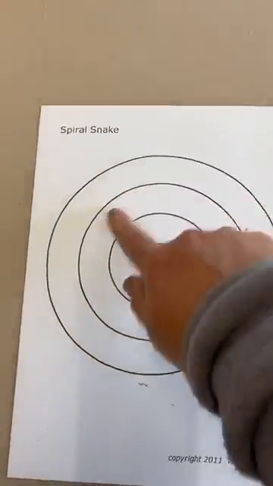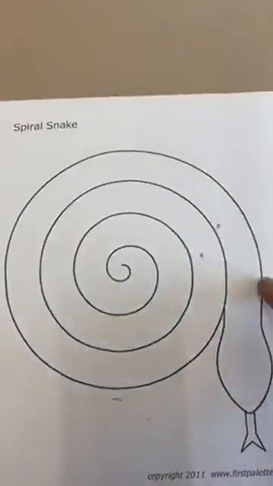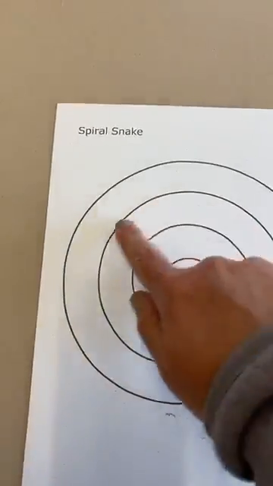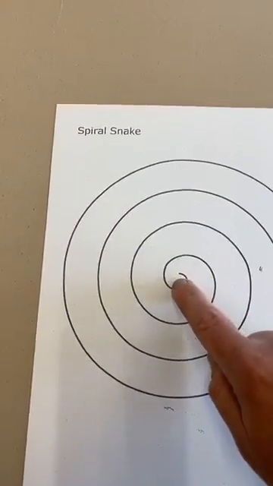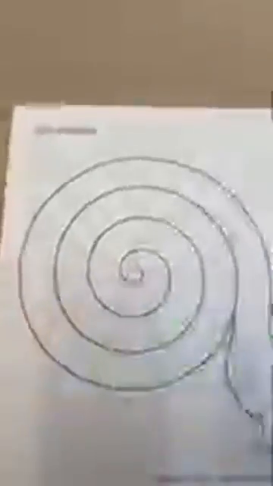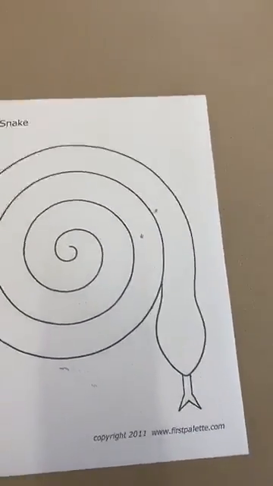It is a spiral snake, and so what you do is you draw the scale pattern and then you cut out along the black solid line here and then attach the tail, a string to it, and then you have your own spiral snake that you can hang from somewhere or put somewhere.